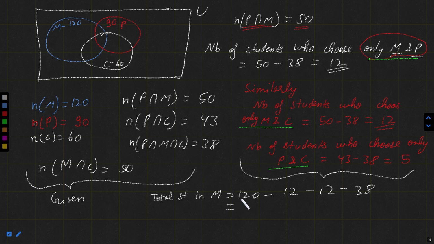So after this the answer will be 58. So these 58 students have only math as their subject. Only math students. In a similar way I can do it for other subjects also.